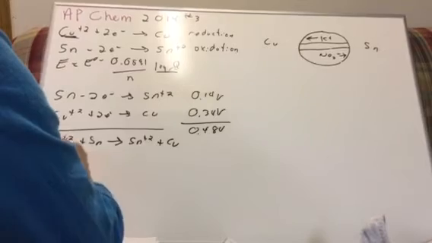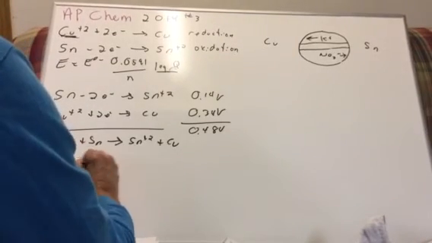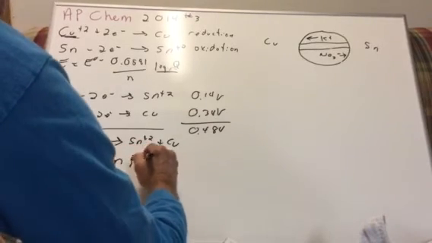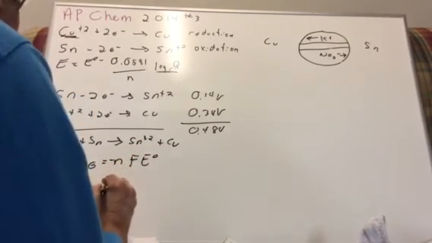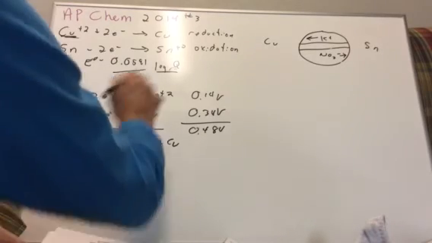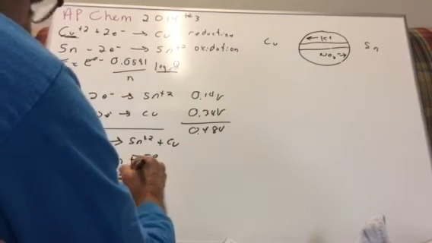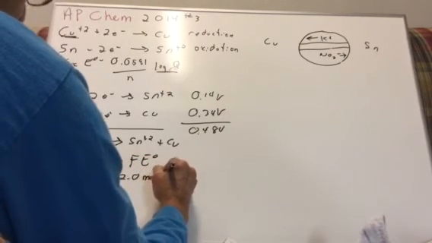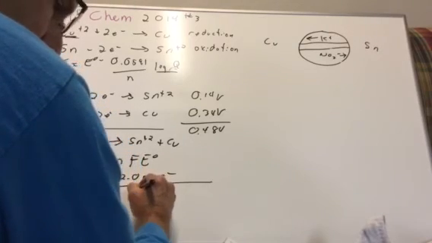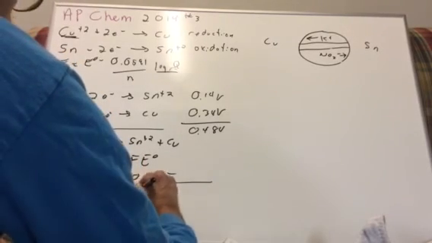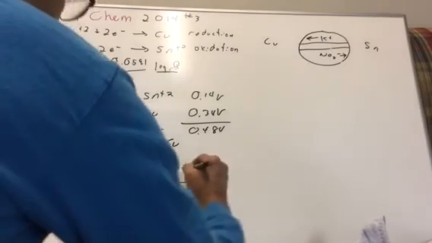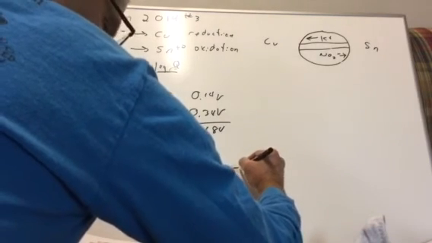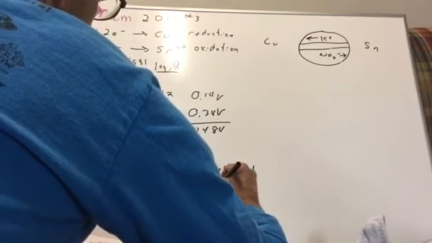Okay, then part 2, it says calculate delta G. Delta G equals negative nFE standard potential. n is 2 moles of electrons per mole of reaction. And you get 96,485 coulombs per mole of electrons.